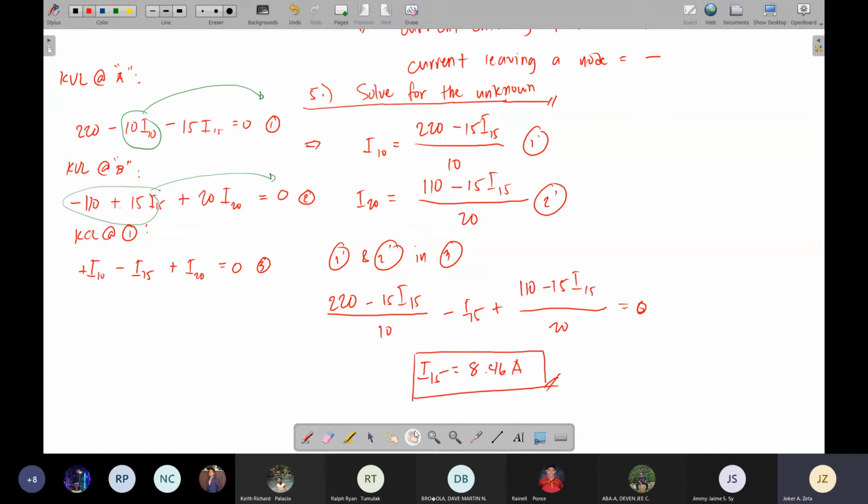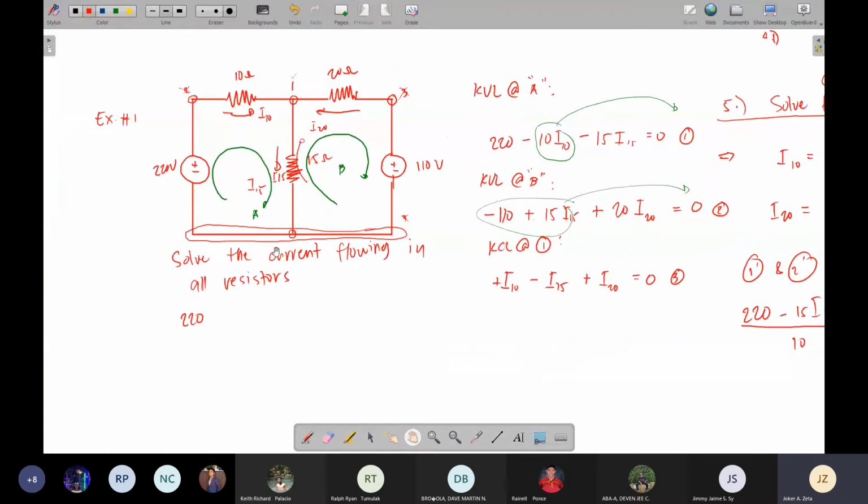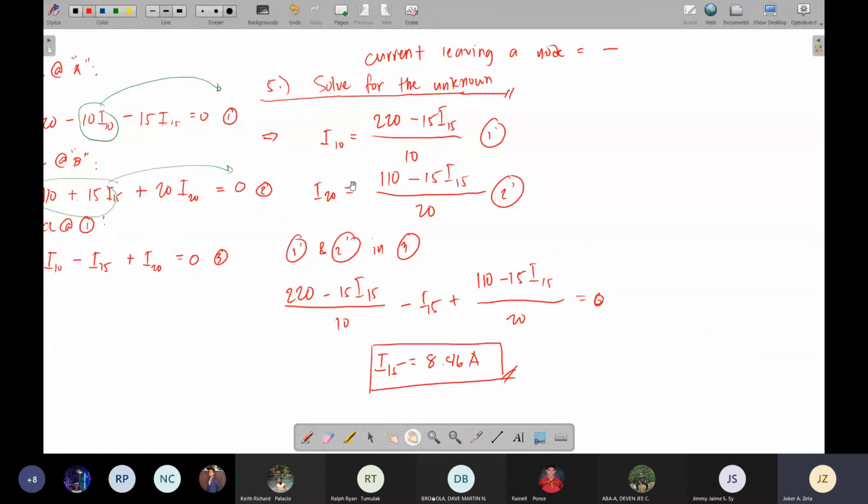Okay, next. Since we need to find all the currents, we will solve I10 and I20. I10 will be 220 minus 15 times 8.46 divided by 10. So that is 9.31 amperes.